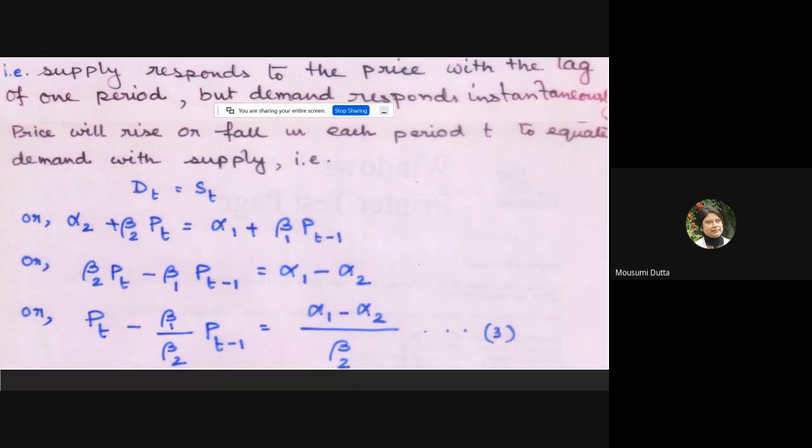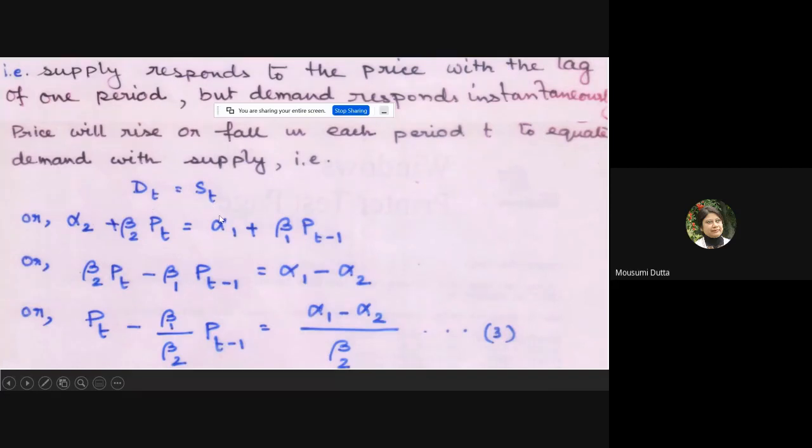So this is the difference. Price will rise or fall in each period t to equate demand with supply, because this is the nature of the market. Finally, the movement of the prices we will get to equate Dt with St.